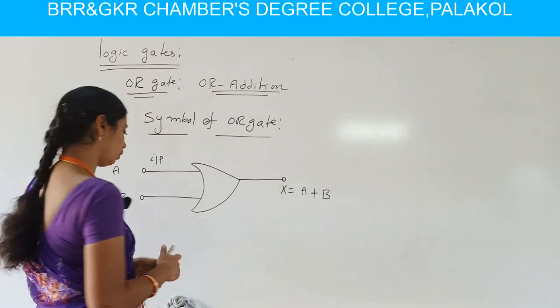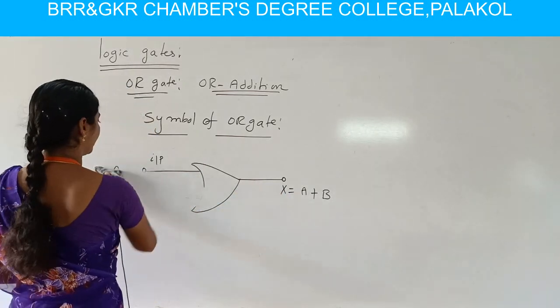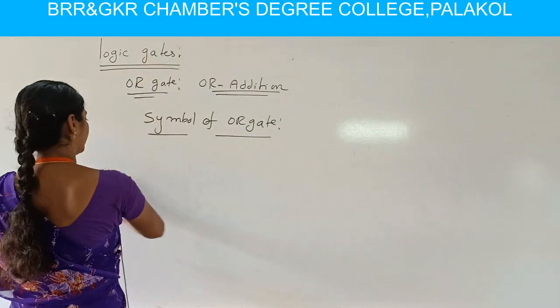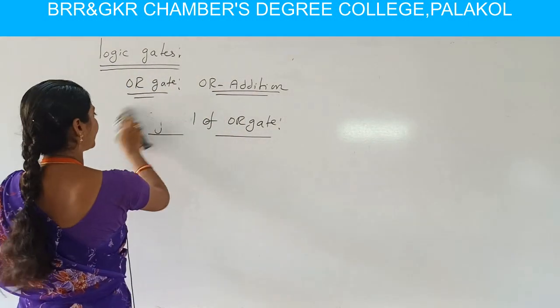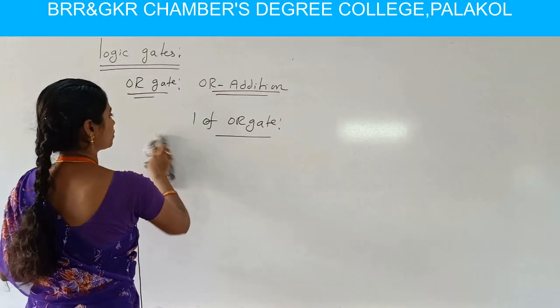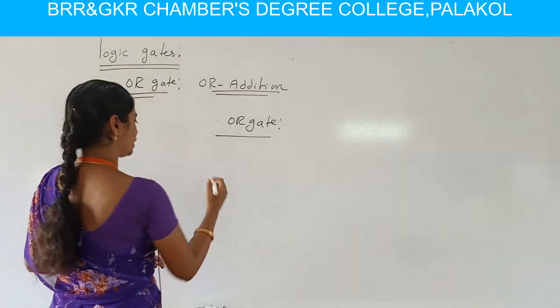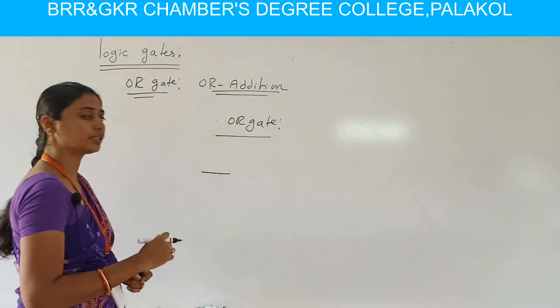Okay, here OR gate is constructed by using switches. So the OR gate switches diagram is as follows. Here these 2 switches are connected in parallel.